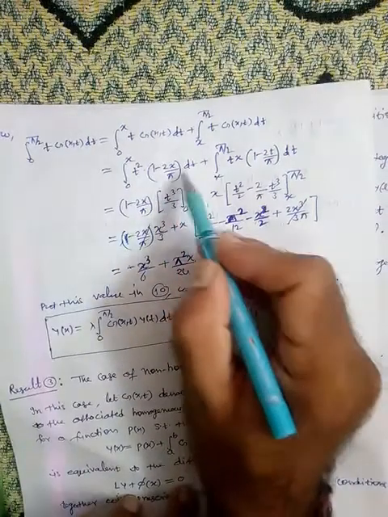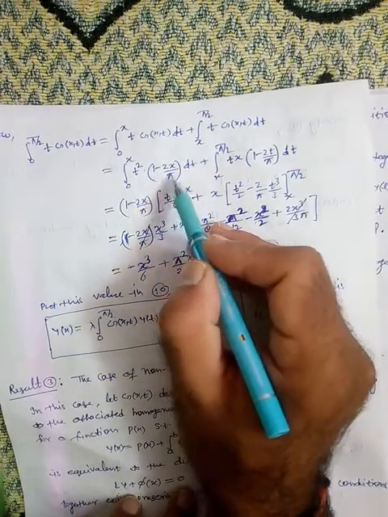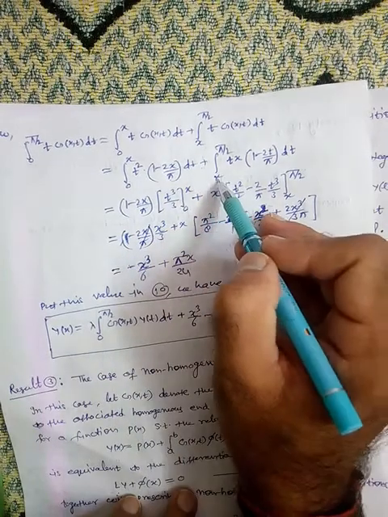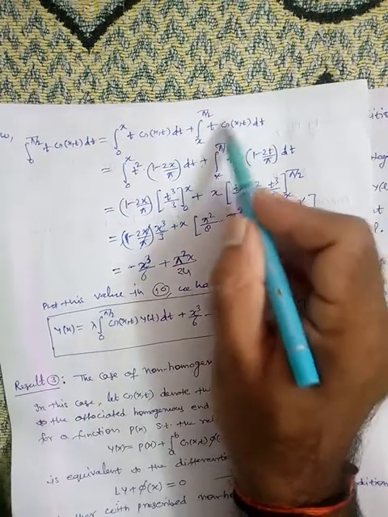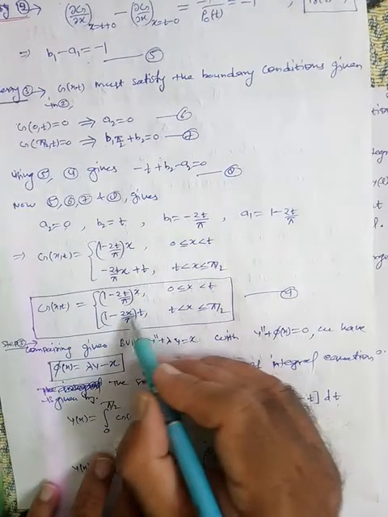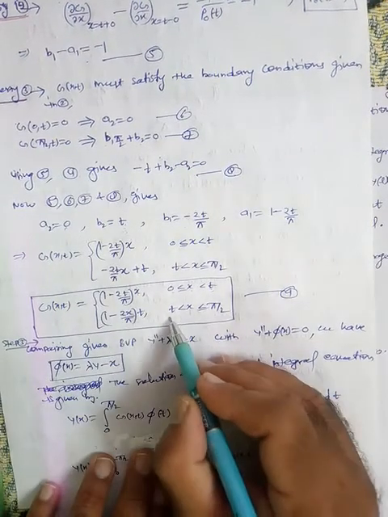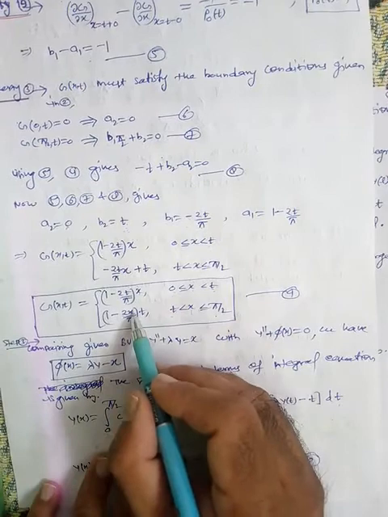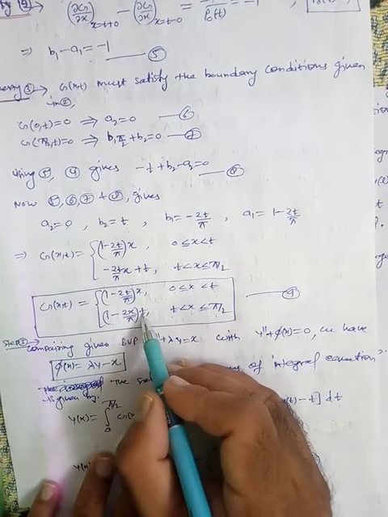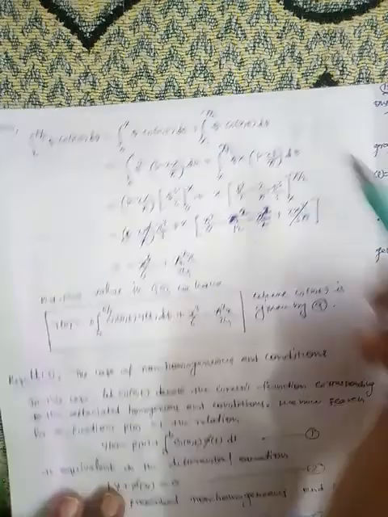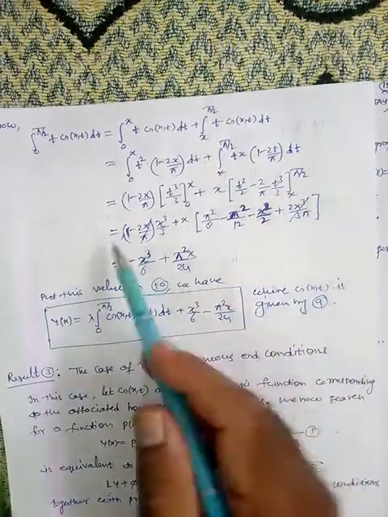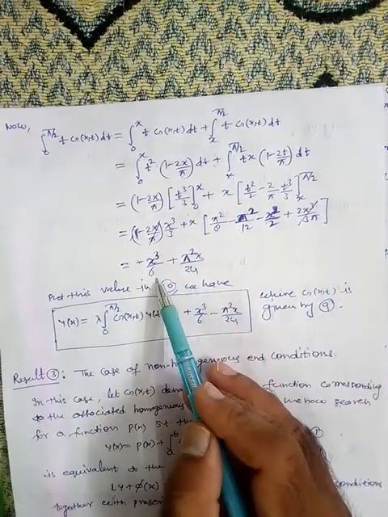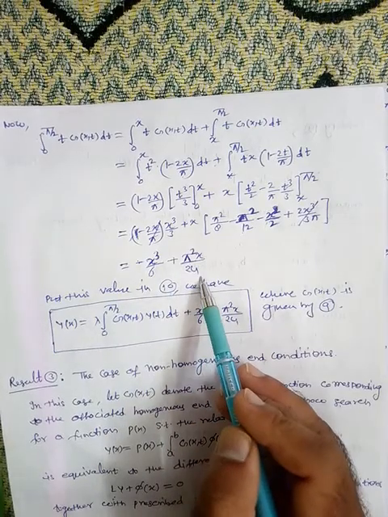So just substituted here. So t square (1 minus 2x by pi) dt plus the second range is x to pi by 2. Here we will take the second range from here, again interchange x and t, so that t varies from x to pi by 2. So (1 minus 2t by pi) times x, and we have put this here, and then integrate. And after integration we get minus x cube by 6 plus pi square x by 24.